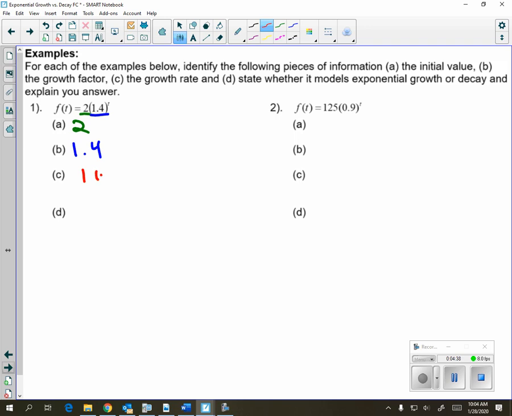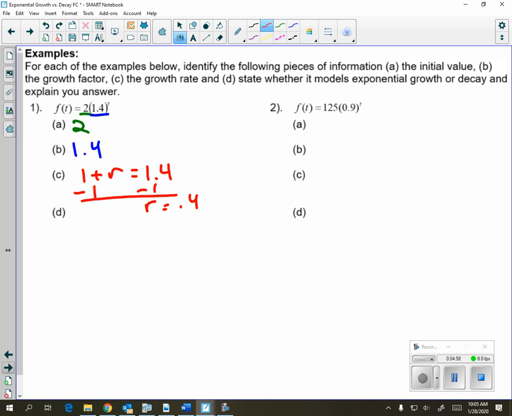We have 1 plus r is your growth factor of 1.4. That means if you solve this equation, your rate is equal to 0.4 because you are increasing by 40%.